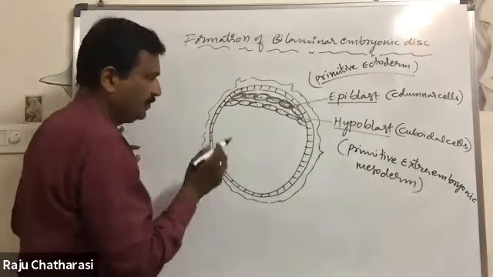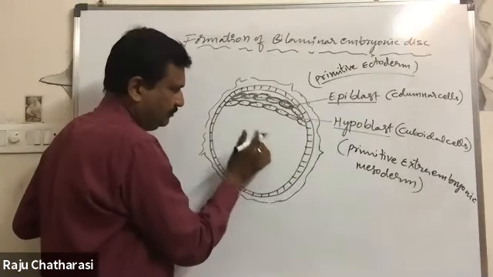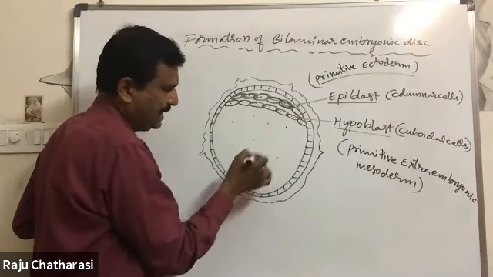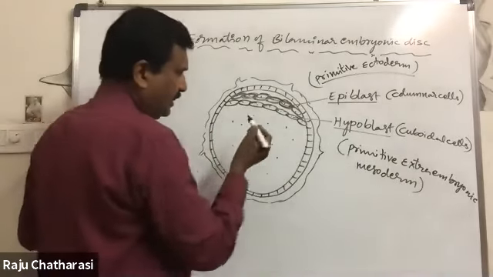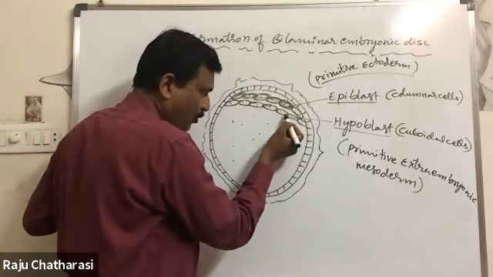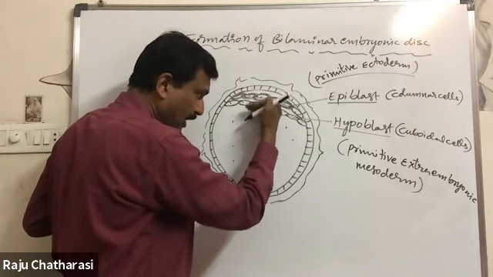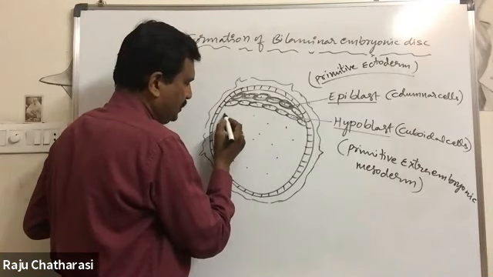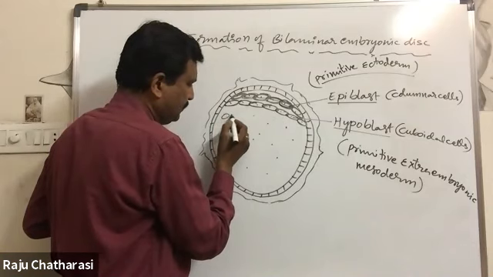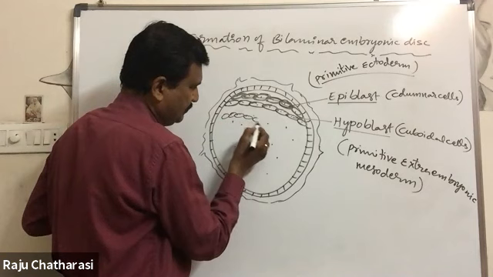Now, here this is the lumen of the embryo cavity. Next, the hypoblast is pushed down by these epiblastic cells. So now this hypoblast is pushed down like this.